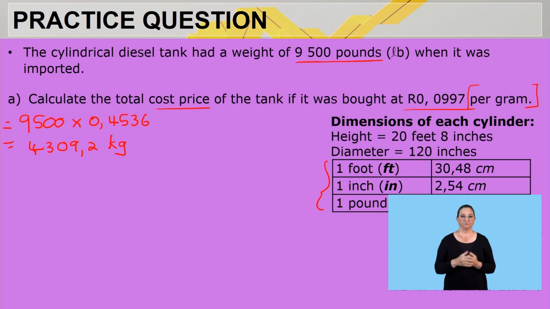Now, I'm at kilograms at this moment in time. But I need to convert these kilograms to grams. Quick question. How many grams in 1 kilogram? I agree, 1,000.